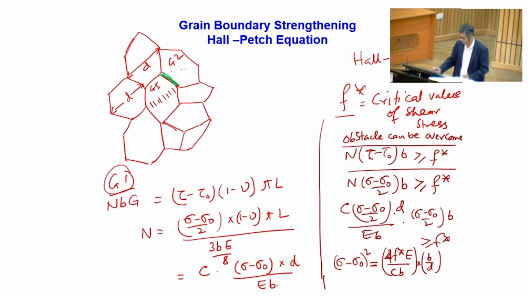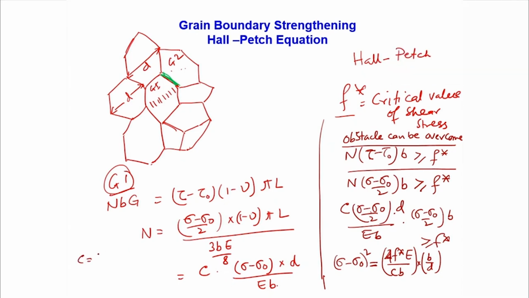C can be easily obtained from this: C is equal to 4 (1 minus nu) pi divided by 3, correct. That's really purely a constant in a material, because nu is a constant, for most metals 0.33, and pi is a constant, therefore it's a constant.